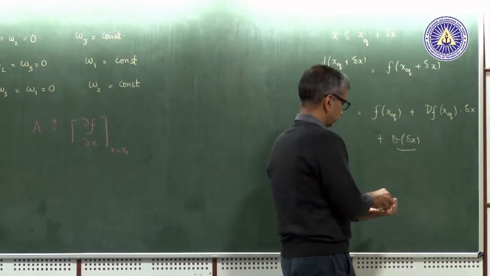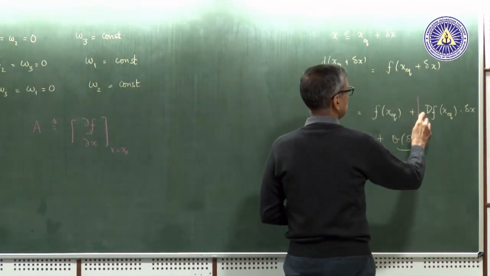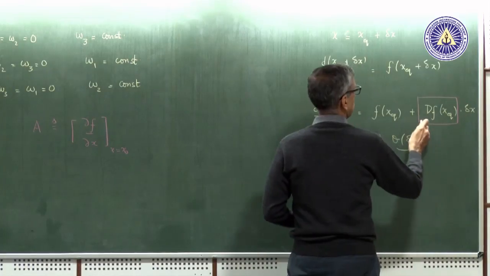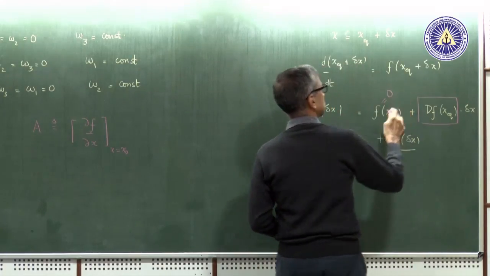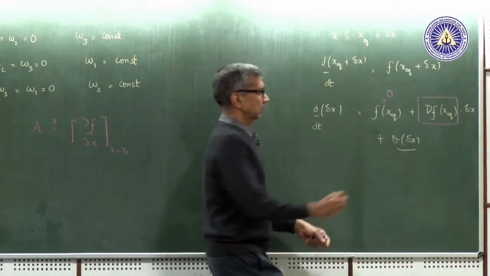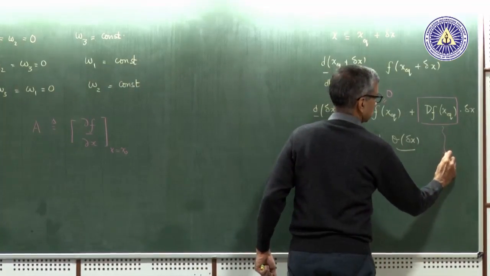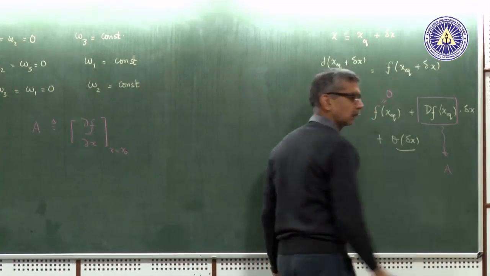So this here is my A, this is equal to 0 because it is an equilibrium, that is my A matrix, clear?